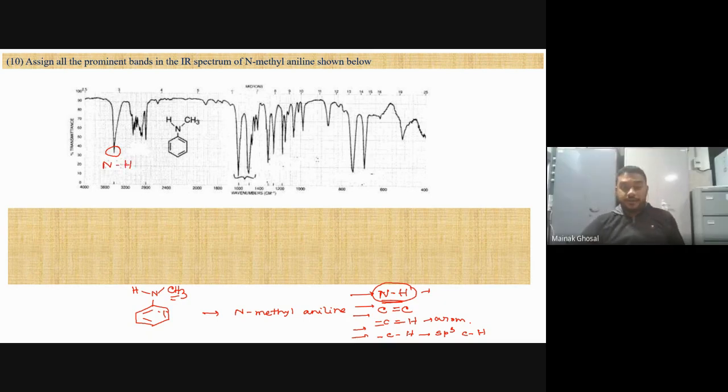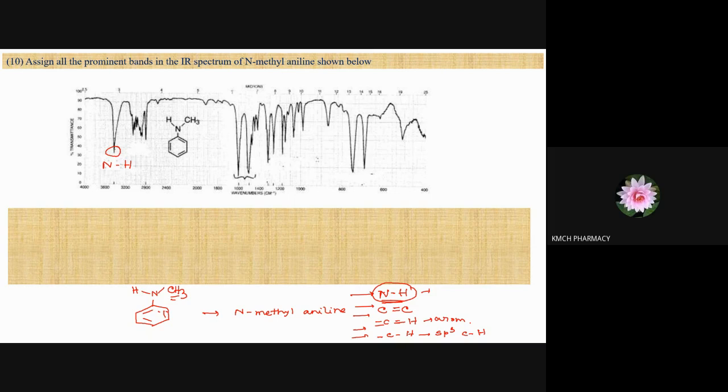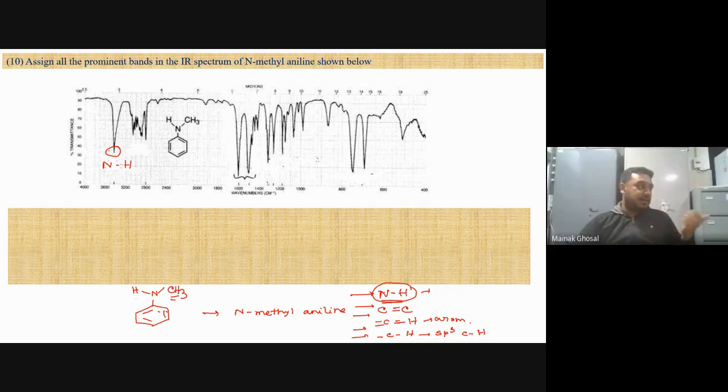And how do you know from here that it is primary, secondary or tertiary? Because only one peak is there. If it were primary, then there would be two peaks. Since you are seeing only one peak, this is a secondary NH.